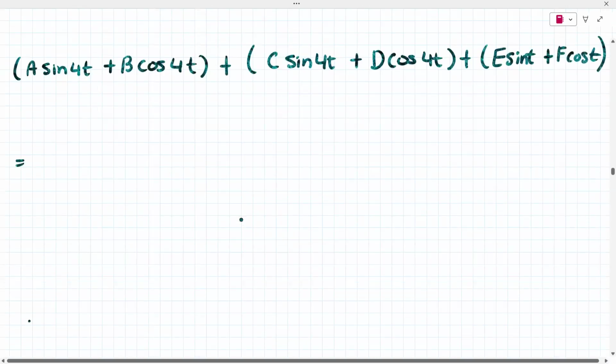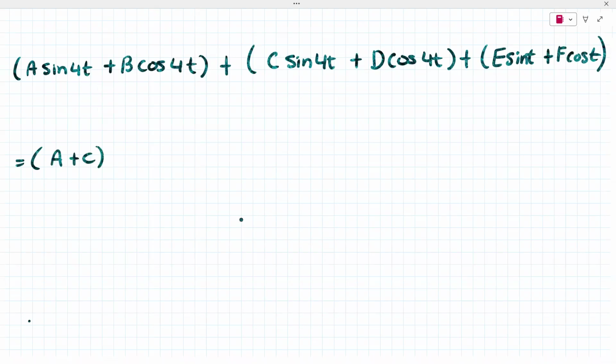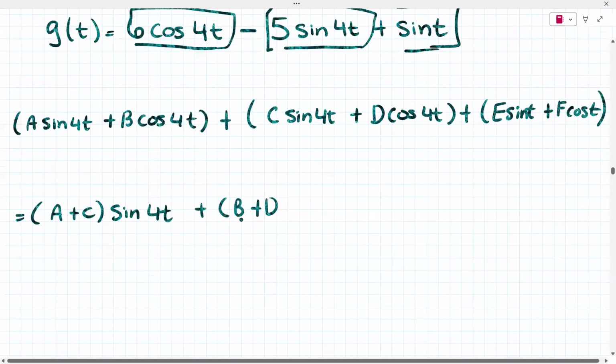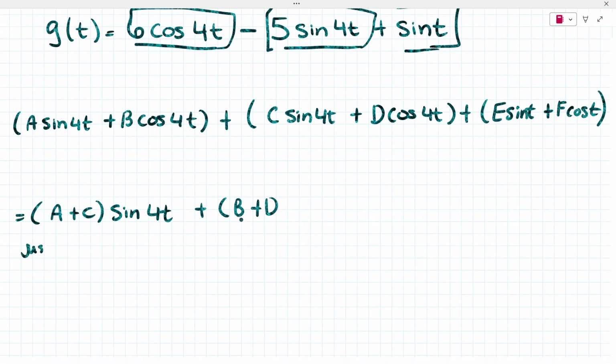So this is going to be equal to a plus c sine of 4t plus b plus d. Okay, so a plus c would be like just a number, and then b plus d is like just a number as well, like your b.